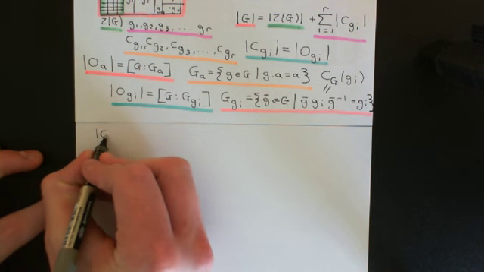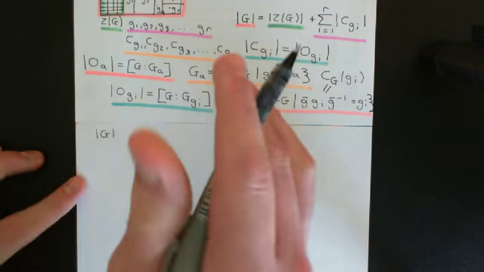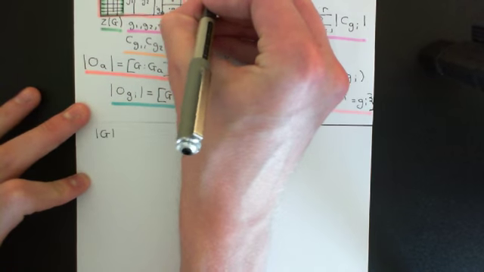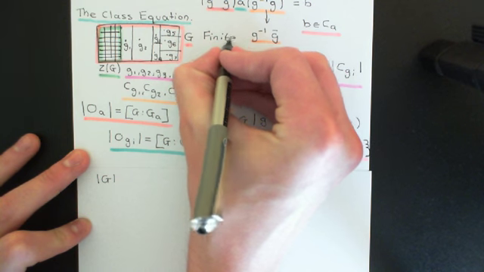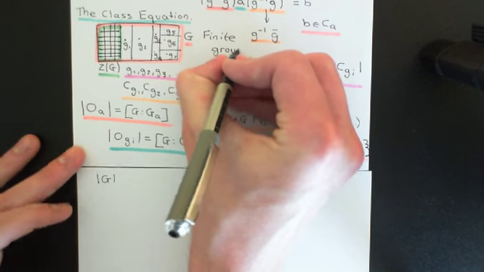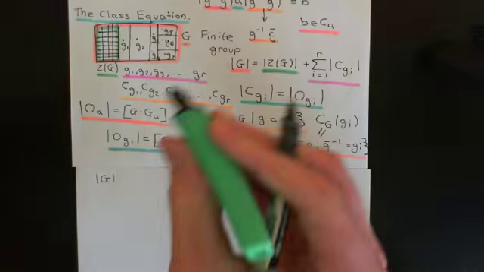Okay, so the order of the group, and of course I'll remind you that we need a finite group. I didn't actually write that anywhere, so I'll just bring this down. Finite group. This is very, very important. It only obviously works for a finite group. You can't apply this to infinite groups. Okay, right.